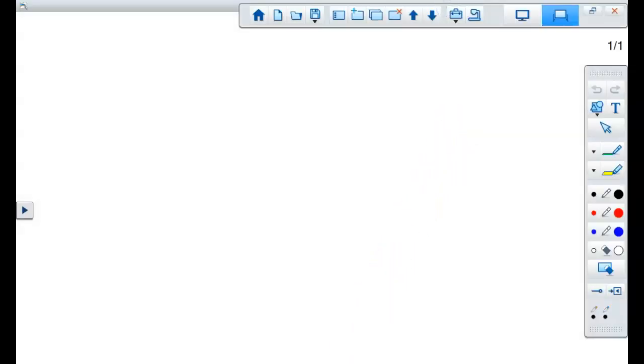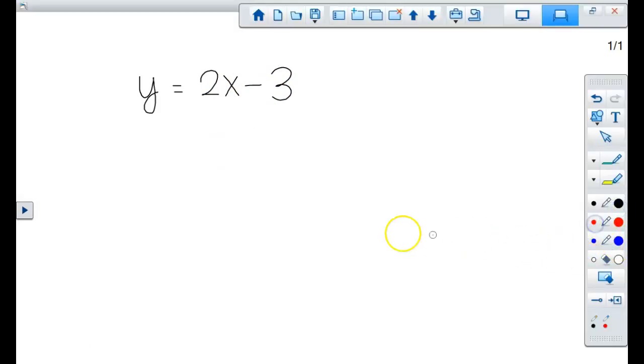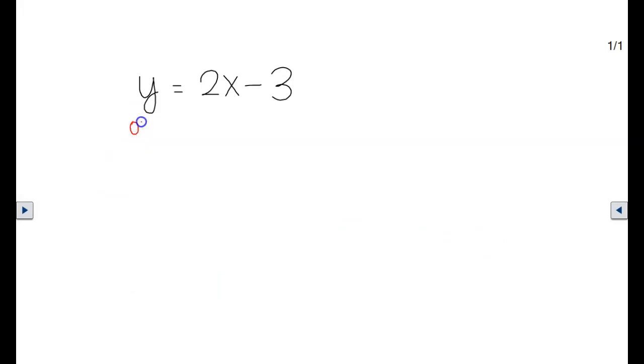All right, so in our last video, we looked at equations as functions. So we took things like y equals 2x minus 3, and we talked about how that equation is a function. When we look at that equation, we know that this y is our output, and we know that this x is our input.